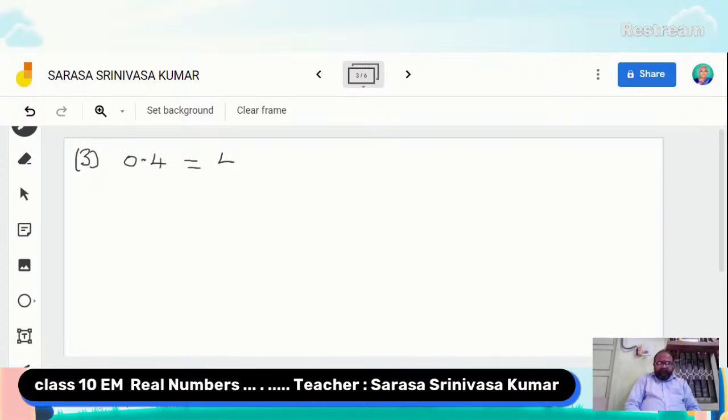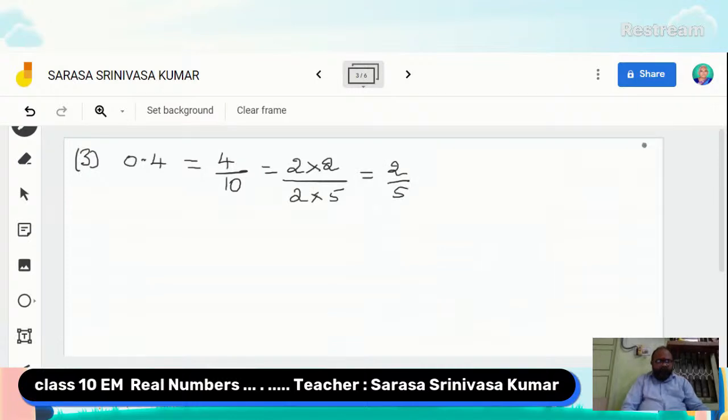This can be written as 4 divided by 10. This is equal to 2 multiplied by 2 divided by 2 multiplied by 5. So this is equal to 2 by 5.